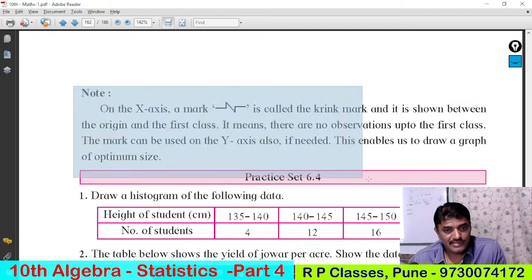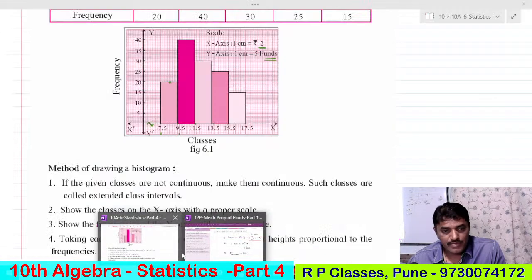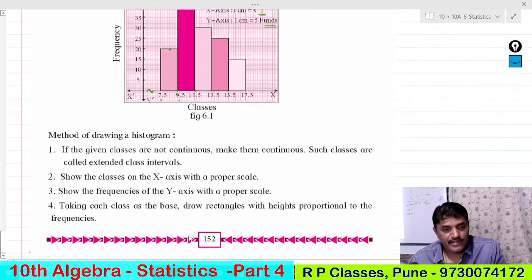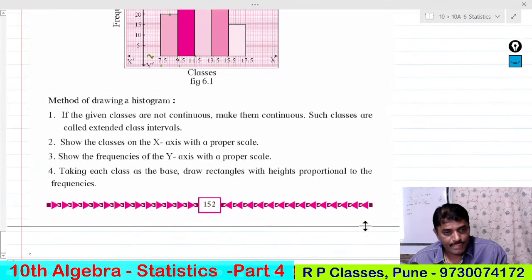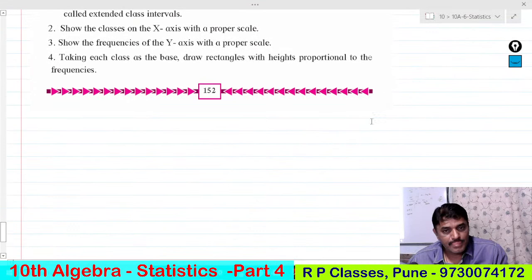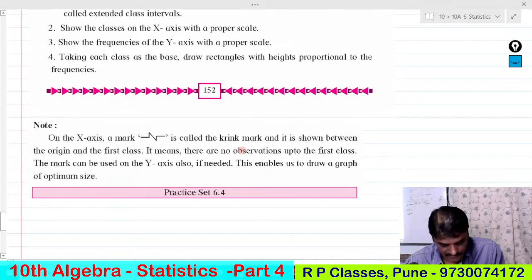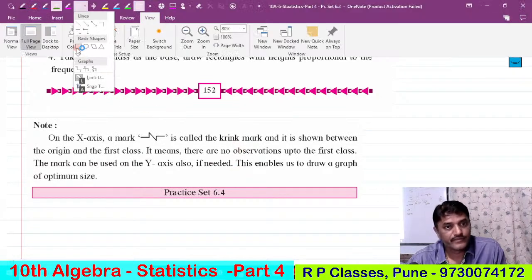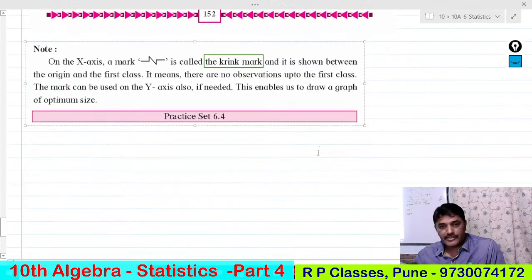This actually represents the kink class. Please go and check. This is called the kink class or kink mark.